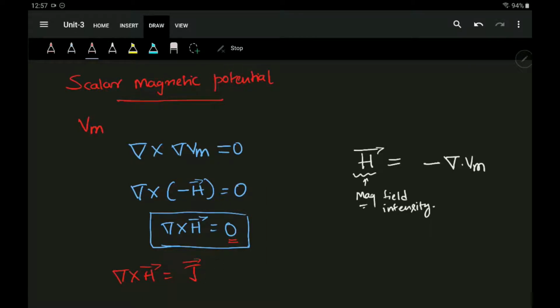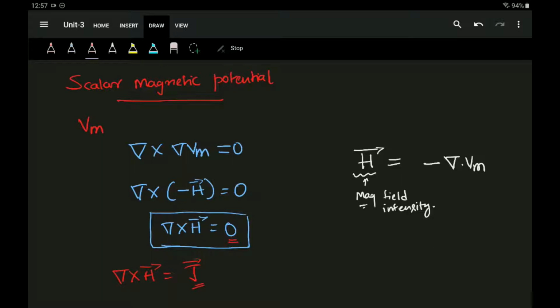That means the scalar magnetic potential can be defined only for a source free region. Source free region means there is no current, J is a source. So scalar magnetic potential Vm can only be defined for a source free region where J is equal to 0. That's how we represent scalar magnetic potential.